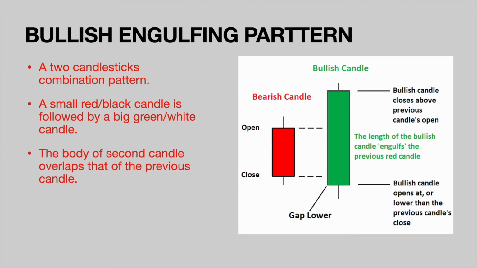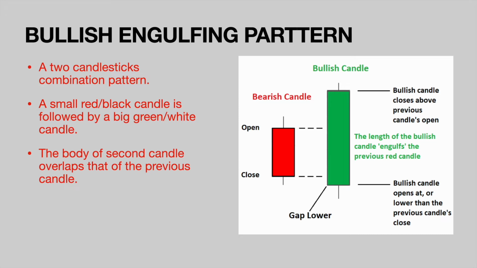And we can see the next candle, the green candle, engulfed it. What does it mean? It passes both the up and the down part of the red candle. It is actually bigger. The length of the bullish candle engulfs the previous red candle. The bullish candle closes above the previous candle's open, and the bullish candle opens at or lower than the previous candle's close. As you can see on the diagram, it is very self-explanatory.